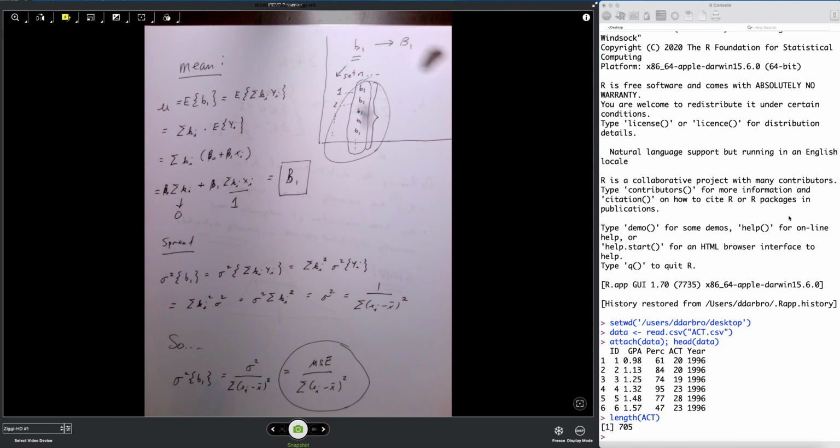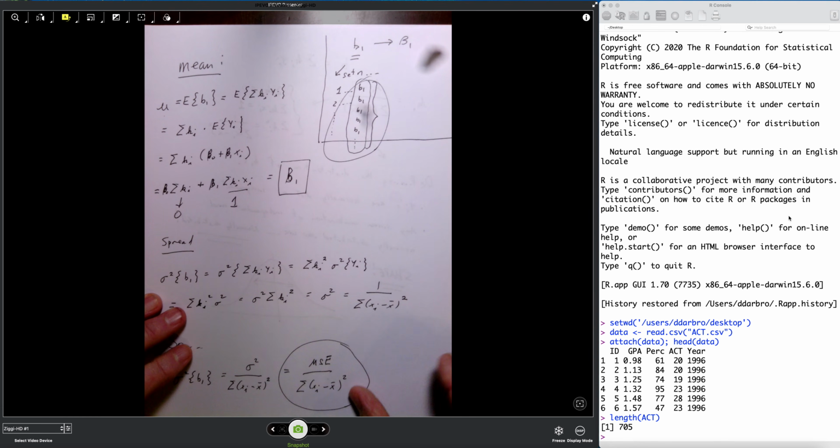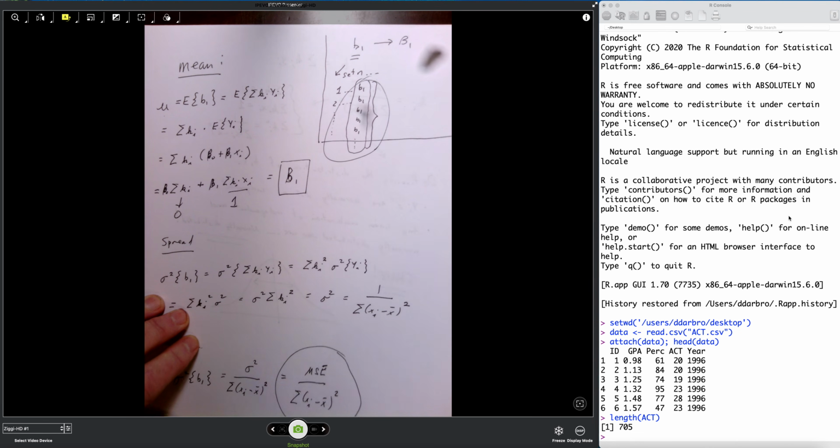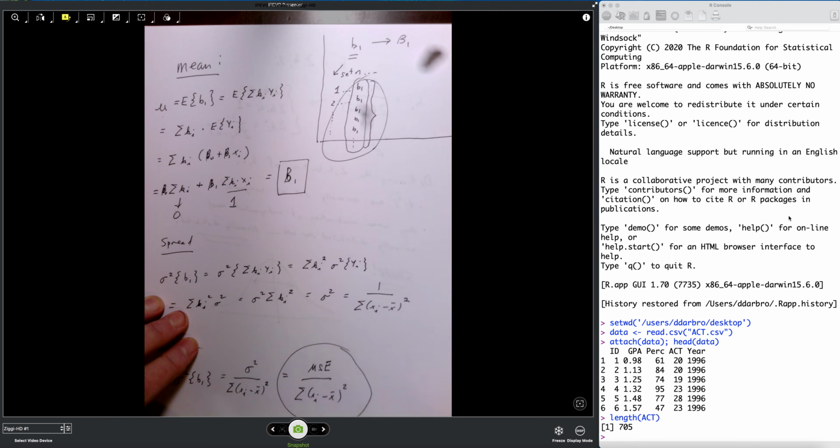We know further that we define a standard deviation not in terms of its variance, but as the standard deviation.